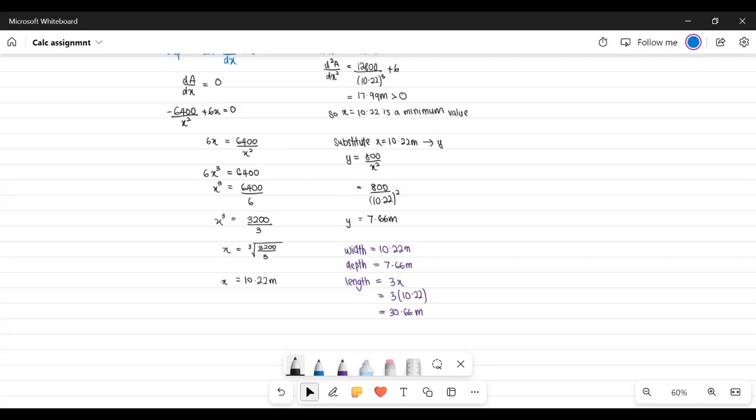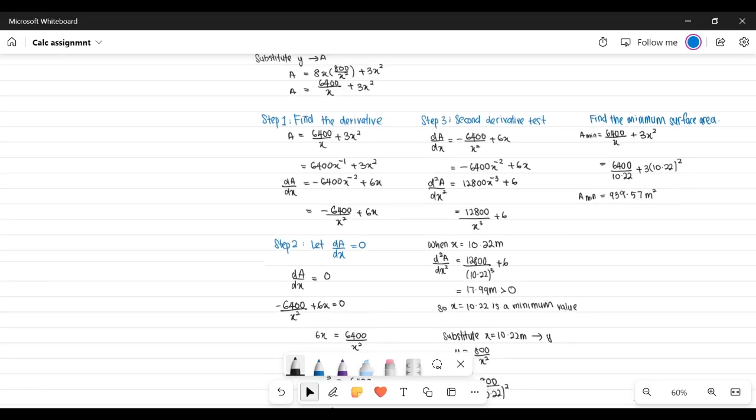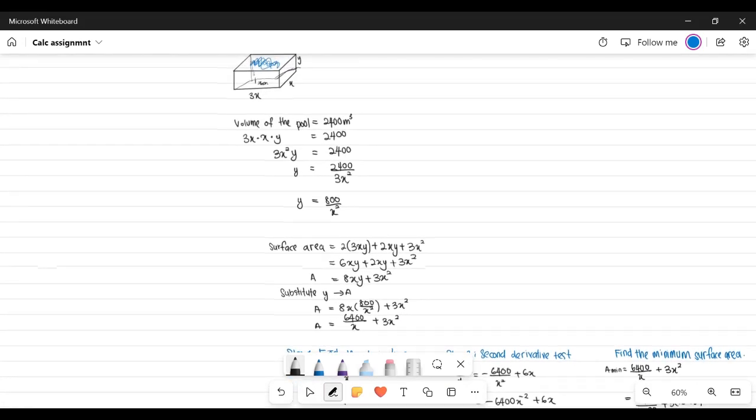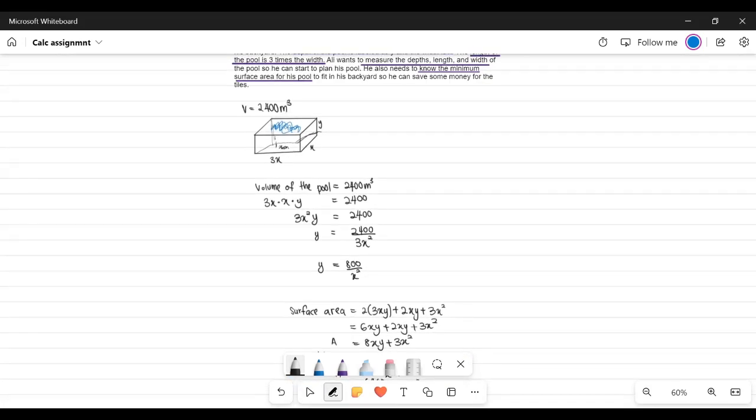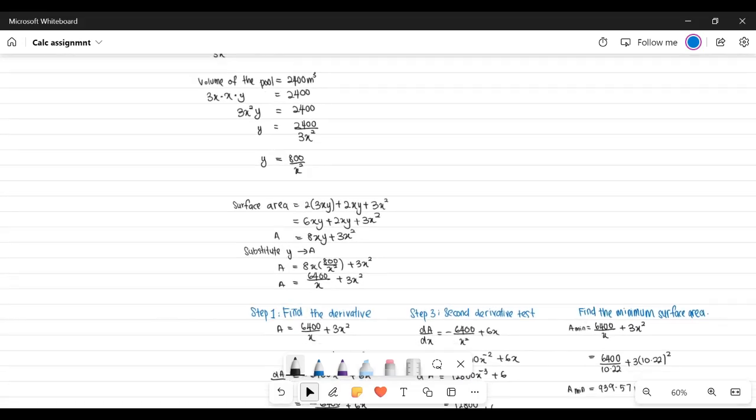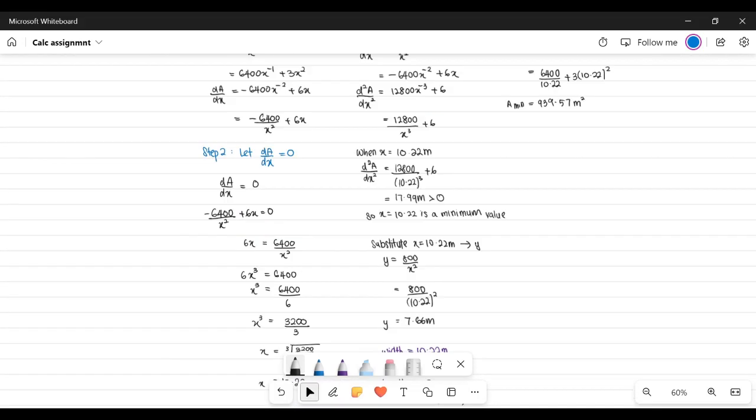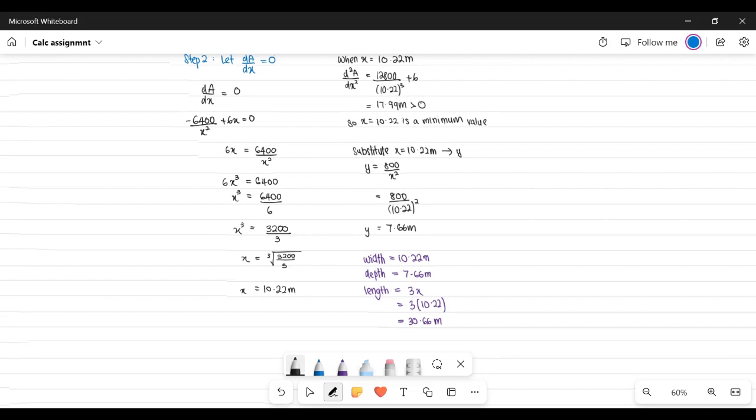The y formula is the one that we got in the first place from the volume. So you just have to substitute the x value in the y formula. After you substitute the x value, you will get 7.66 meters for the y value.